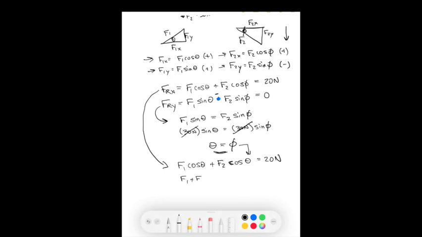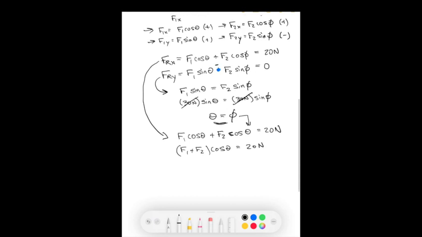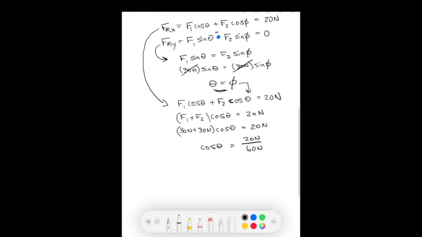So F1 plus F2, times cosine of theta, is equal to 20 newtons. F1 plus F2 is 30 newtons plus 30 newtons. So we see that cosine of theta is equal to 20 newtons over 60 newtons.